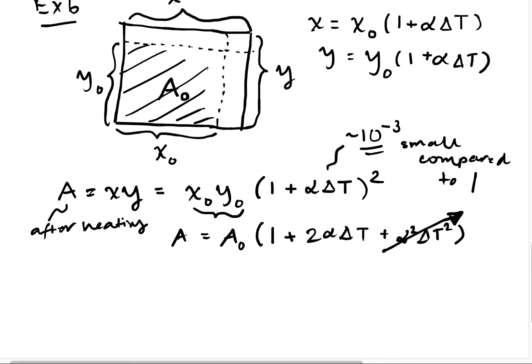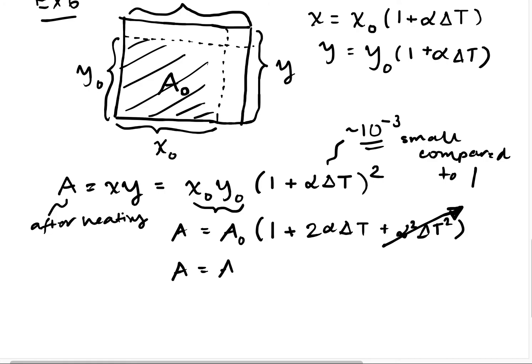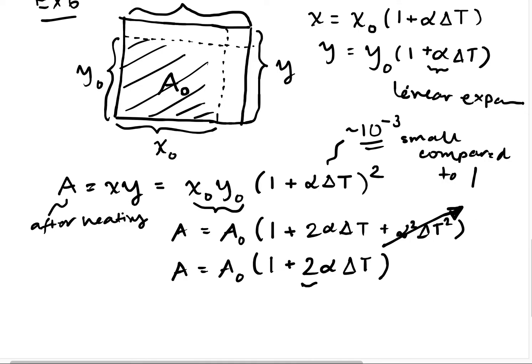Okay. So what we have left here is A equals A0 times 1 plus 2 alpha delta T. If you compare this equation to the traditional one with 1 plus alpha delta T, where we call alpha the coefficient of linear expansion, it is quite fair to say that this term you can also call the coefficient of area expansion.